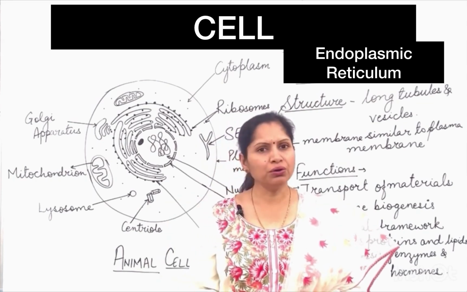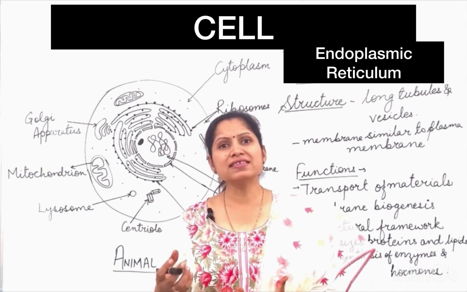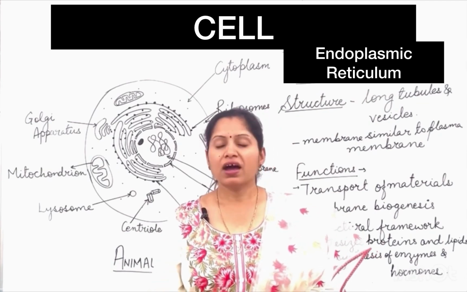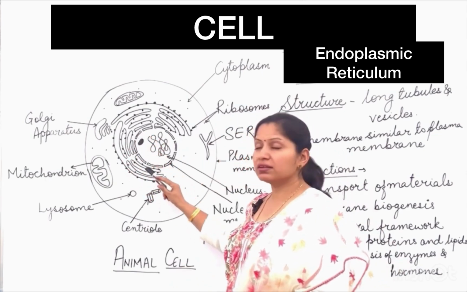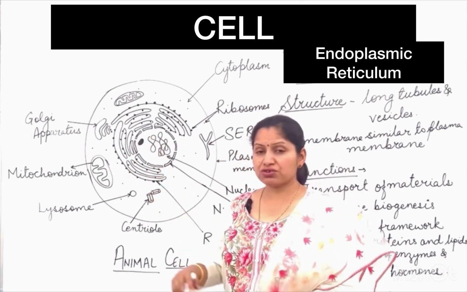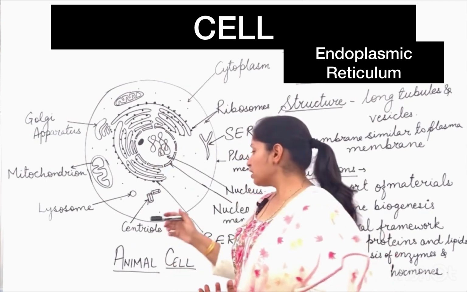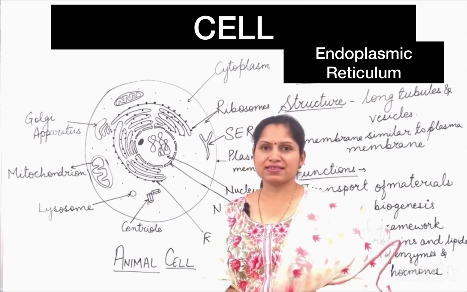Do you all know that enzymes, hormones, as well as all the cell membranes contain proteins? Apart from that, this rough endoplasmic reticulum has ribosomes that manufacture proteins, and hence one of the functions of rough endoplasmic reticulum is synthesis of proteins.